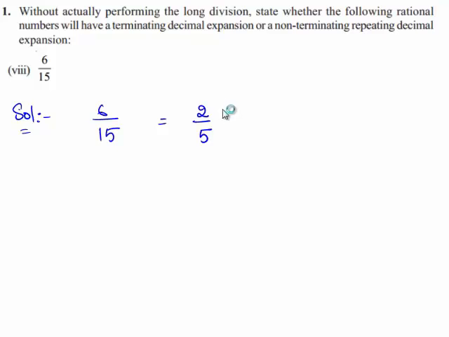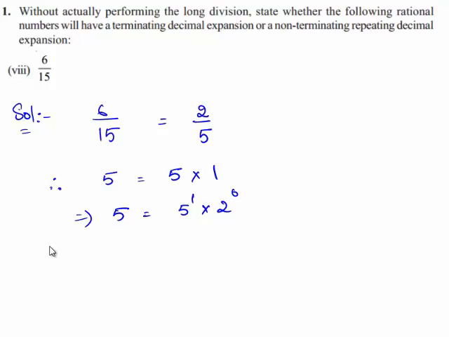Now in the obtained rational number, that is 2 by 5, the denominator 5 is a prime number. Therefore, 5 can be written as 5 times 1, which implies 5 is equal to 5 power 1 times 2 power 0.